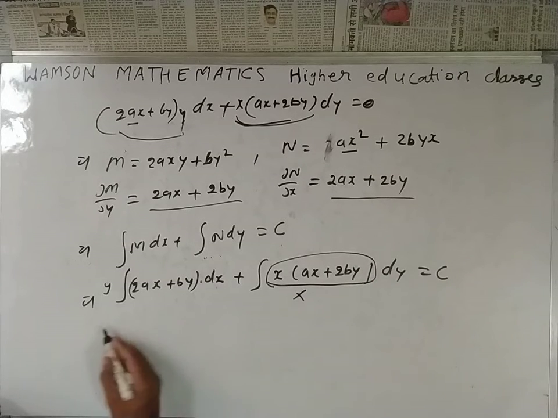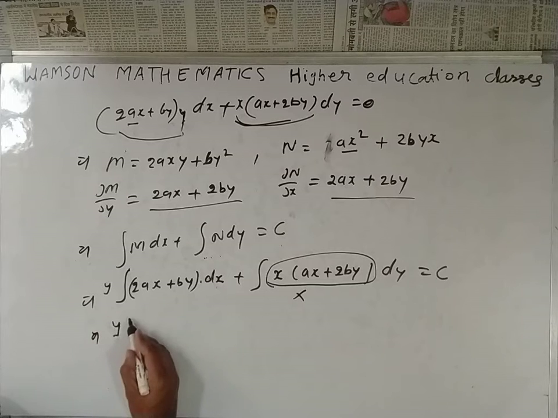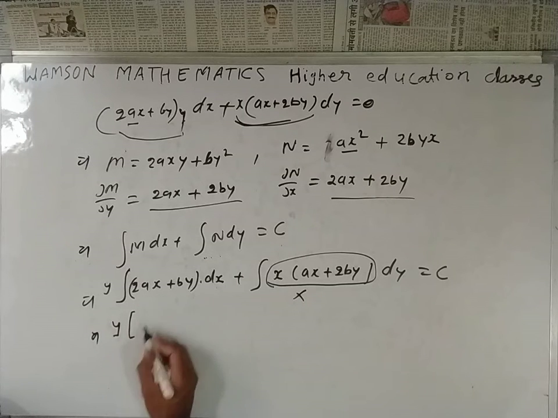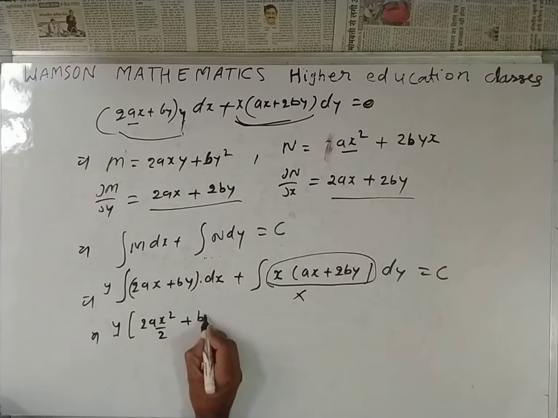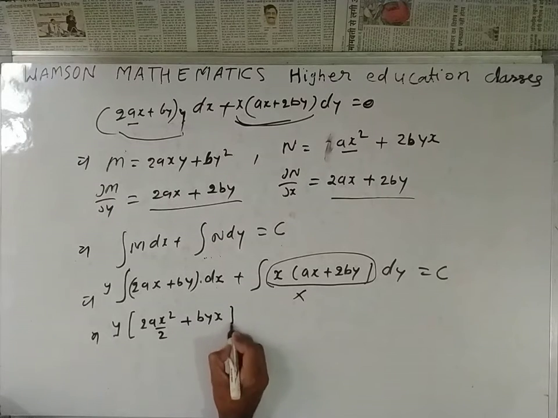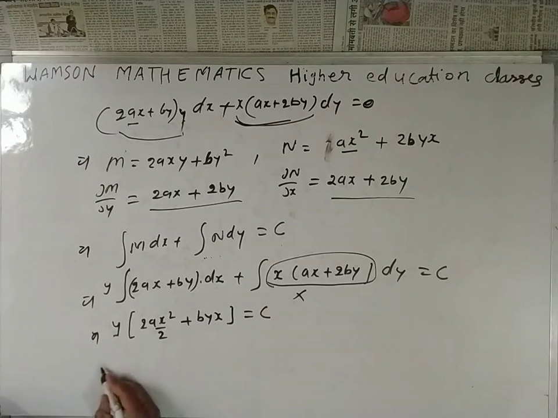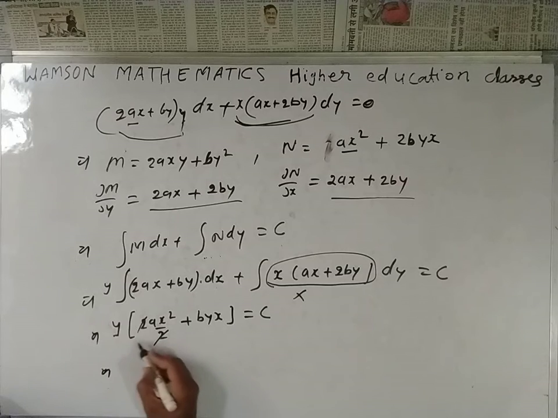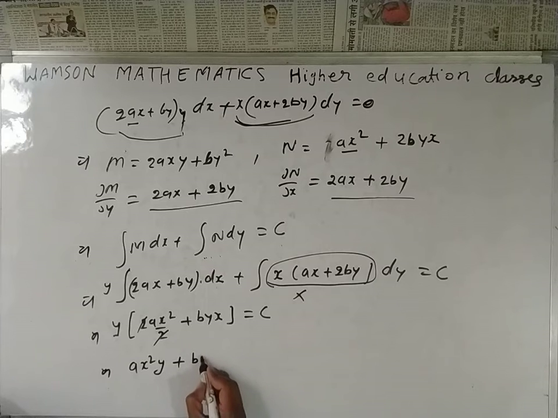So now integration, y treated as constant, and now 2ax, so 2ax squared by 2 plus byx is equal to C. So now the 2 cancels out: ax squared y plus by squared x is equal to c, a constant.